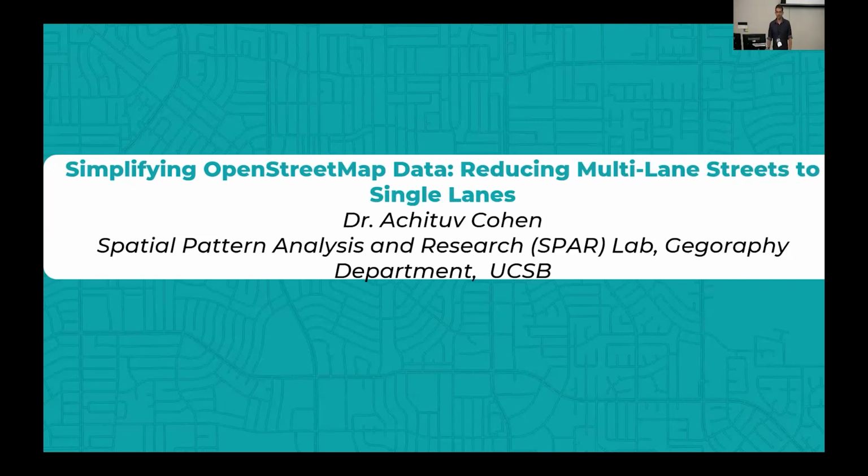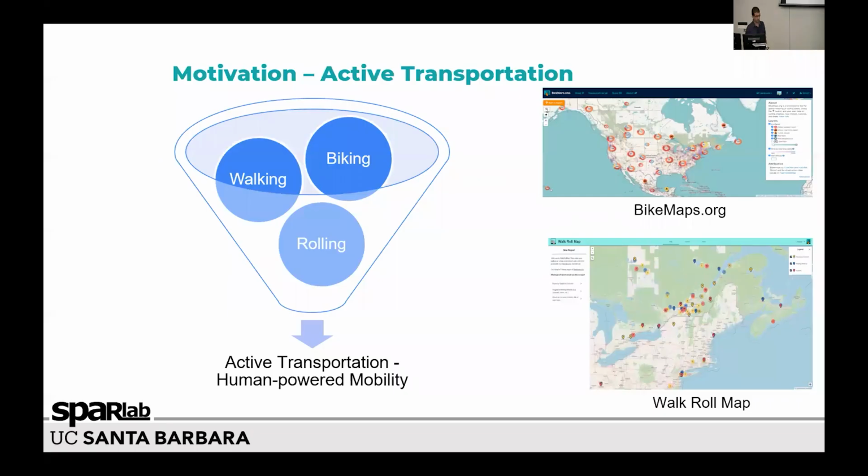Today I'm going to speak about simplifying OpenStreetMap data, reducing multi-lane streets to single lane. What motivated me to address this challenge? In SPARA, we are interested in any practical, conceptual ideas that can promote active transportation, like walking or biking.